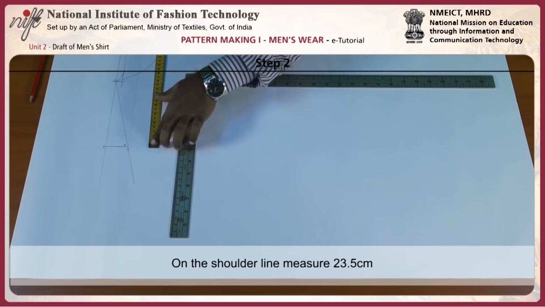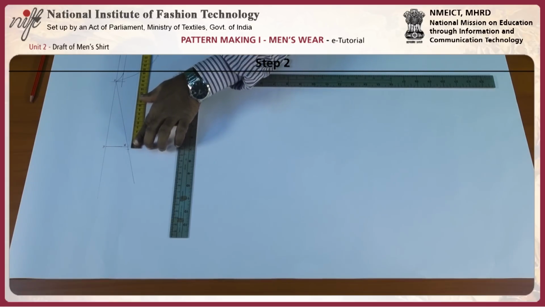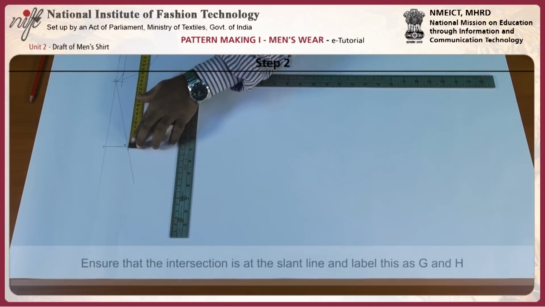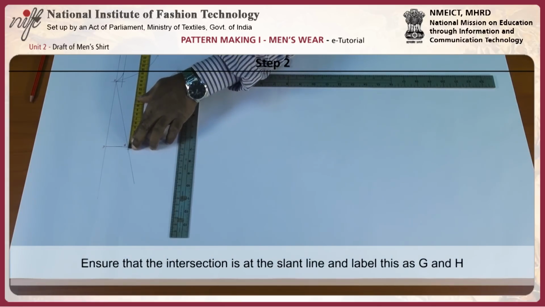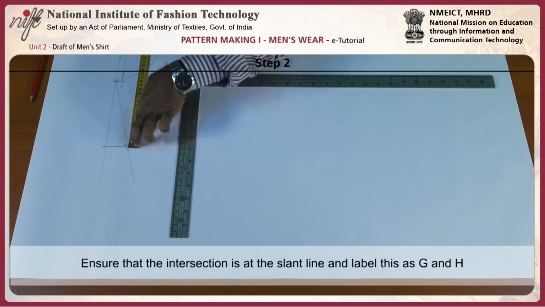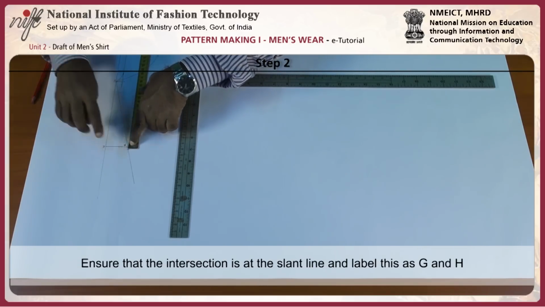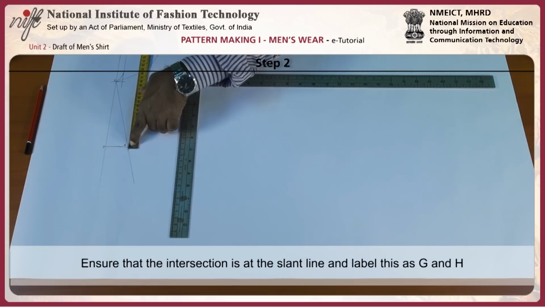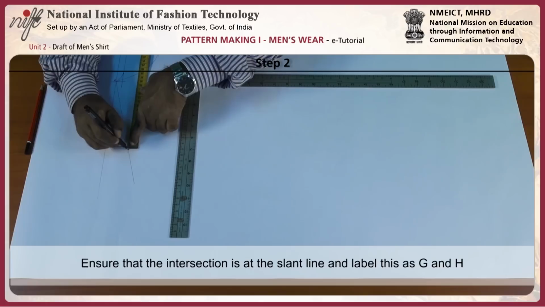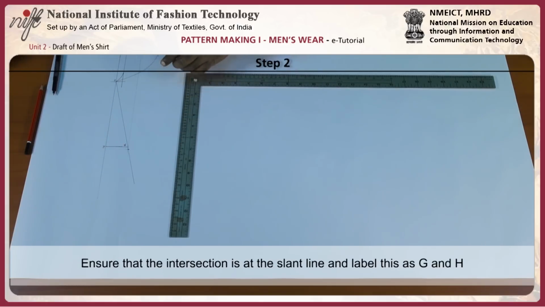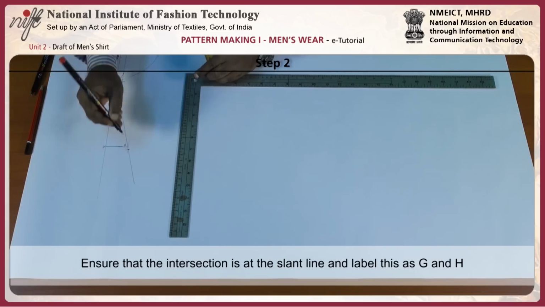The measurement is measured from the reference line, ensuring the intersection takes place at the slant line. Give a mark and label this as G and H.